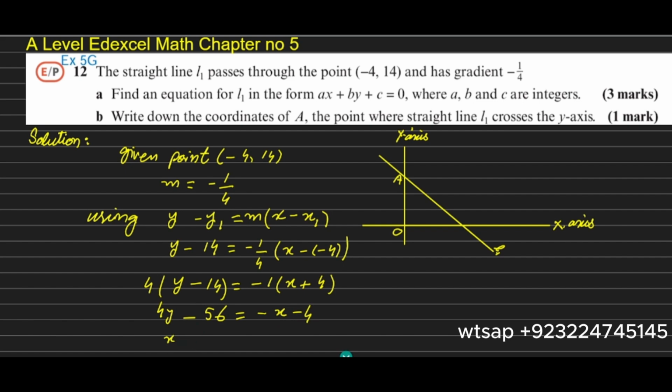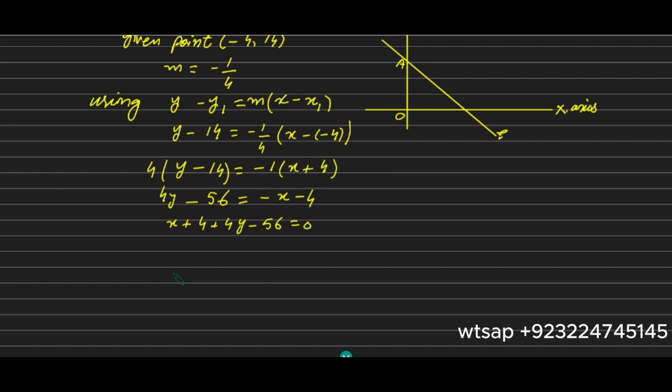Now x plus 4 plus 4y minus 56. We move these two terms to the left side and these signs will be changed. We get x plus 4y minus 52 equal to 0. This is the equation of the required line.